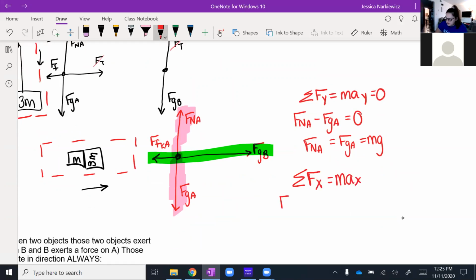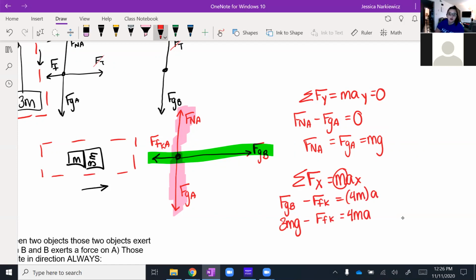And I have a force of gravity acting on block B minus the force of friction. And this M here, remember, is the total mass of the system. So M plus 3M, which is 4M times A. So FGB is really going to be 3mg minus the force of friction equals 4MA. So this equation would be really useful if I needed to find the acceleration.